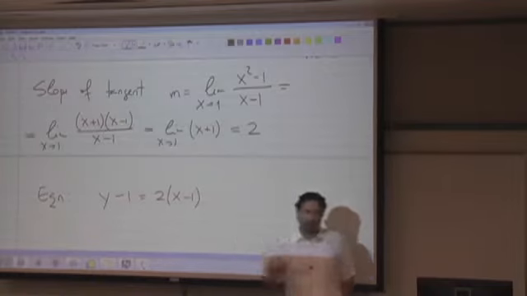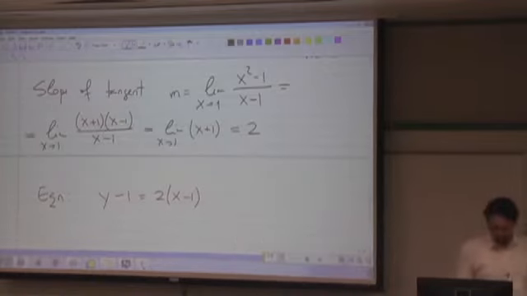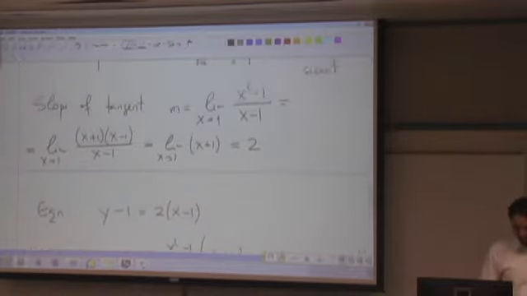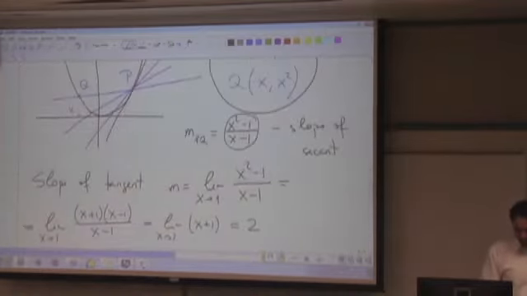Okay? Now, let me come back and say one thing here. Under no circumstances should the equation be y minus 1 equals x squared minus 1 over x minus 1 times x minus 1. Remember, that was basically the slope of the secant, right?